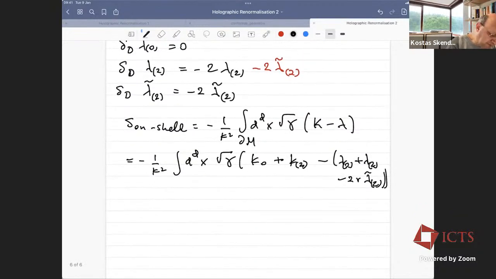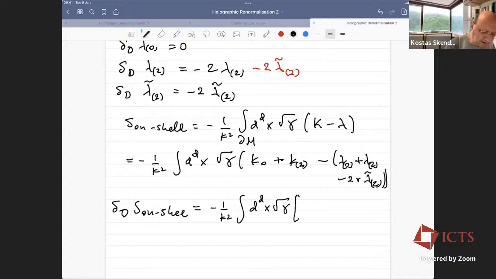And then we want to do the scaling variation. Let's organize the terms according to the dimensions. We have two pieces that had zero scaling.